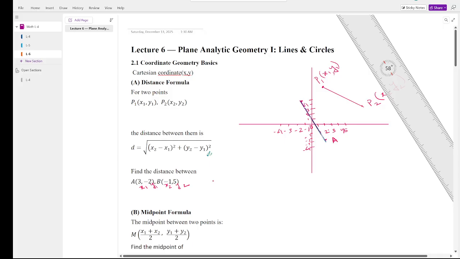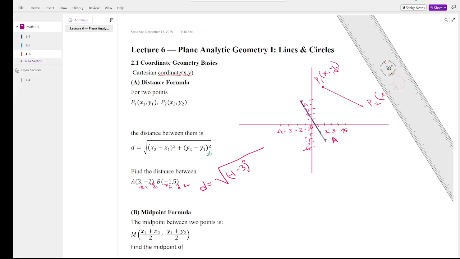So the distance d equal square root of x2 minus x1. Where is x1? x2 is minus 1, minus x1 whole square, plus y2 minus y1.